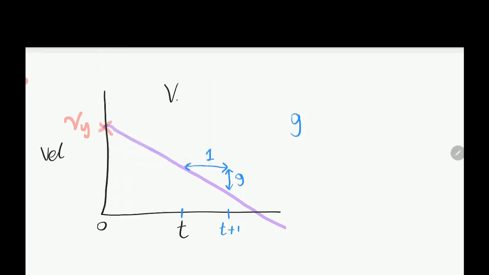In particular, our velocity is going to be equal to the initial velocity, vy, take away the time multiplied by g. So when time is 0, our velocity is our initial velocity, vy. But then after a certain number of time units have elapsed, we'd take off that many units times g from our velocity.